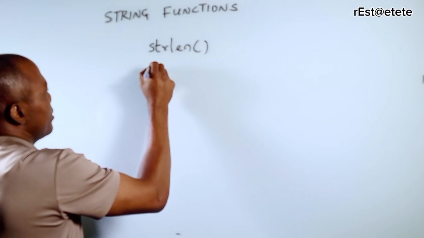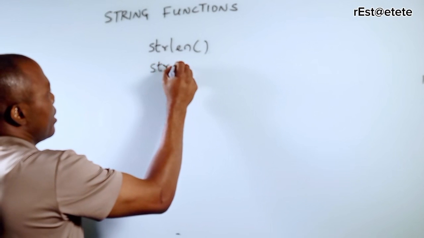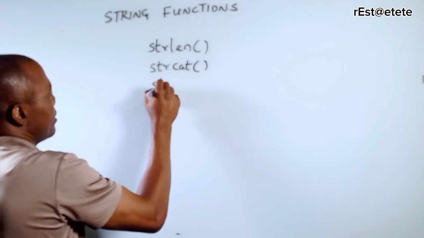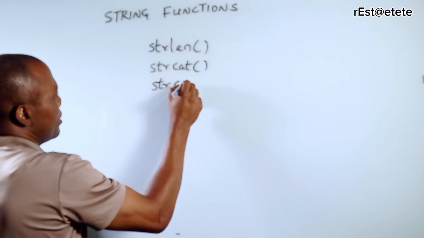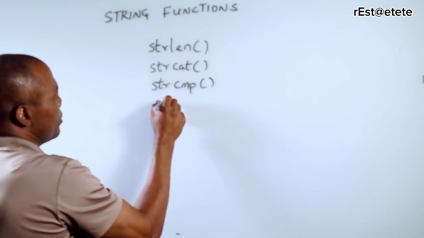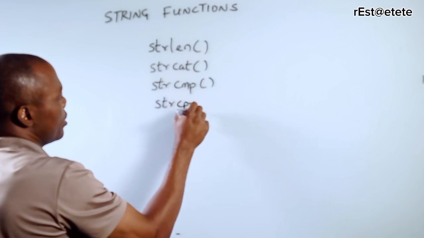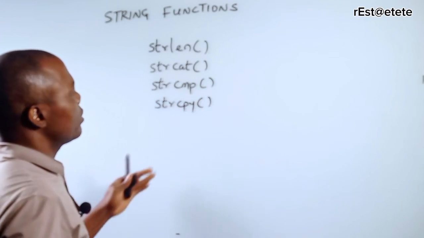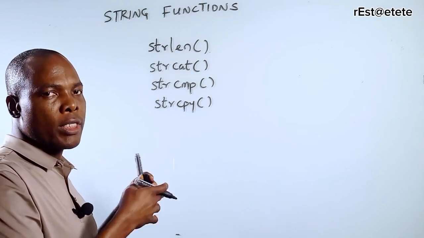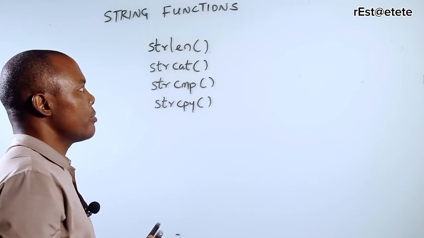I would say string cat, string compare CMP, and string CPY, string copy. So I will just work with these four to demonstrate how these functions can act on your strings.